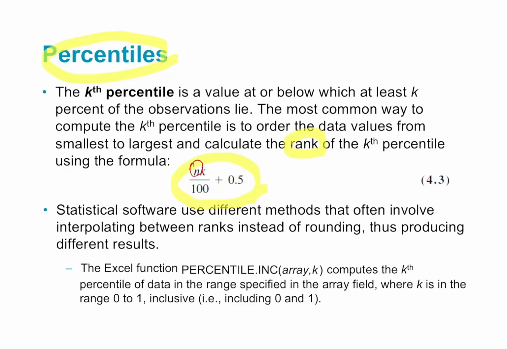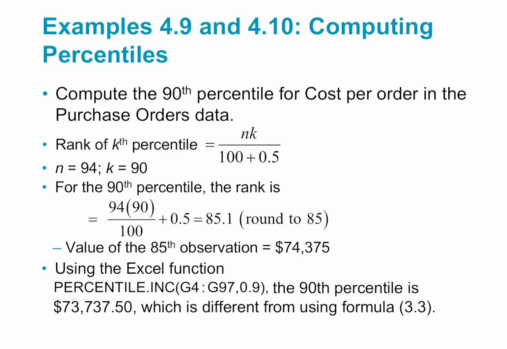Here, n is the total number of your observations, and k is the percentile that you want to find. So, for example, if we want to find the 90th percentile for cost per order in the purchase orders data, then we'll be using this equation.